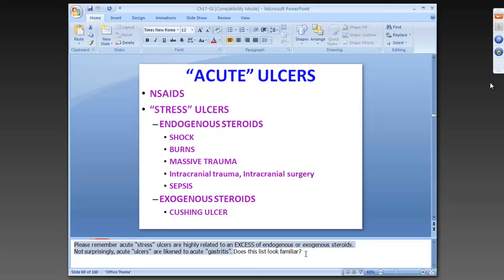And remember, acute stress ulcers are highly related to an excess of endogenous or exogenous steroids. Not surprisingly, they are likened or compared to gastritis and often misdiagnosed too.